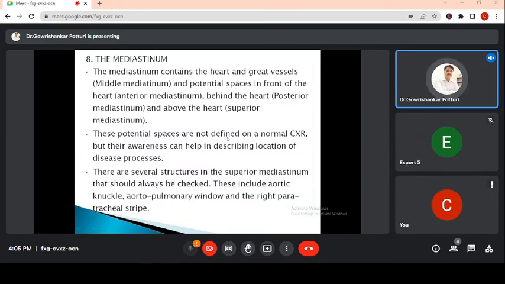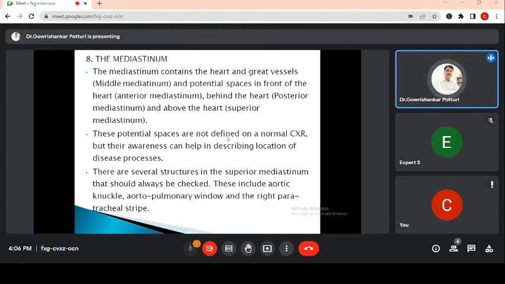Next, the mediastinum. The mediastinum contains the heart and great vessels and potential spaces in front of the heart, behind the heart, and above the heart. These potential spaces are not defined on a normal chest X-ray, but their awareness can help in describing the location of the disease process.